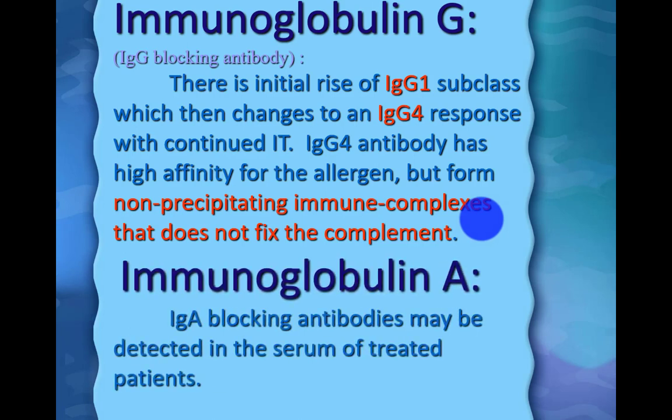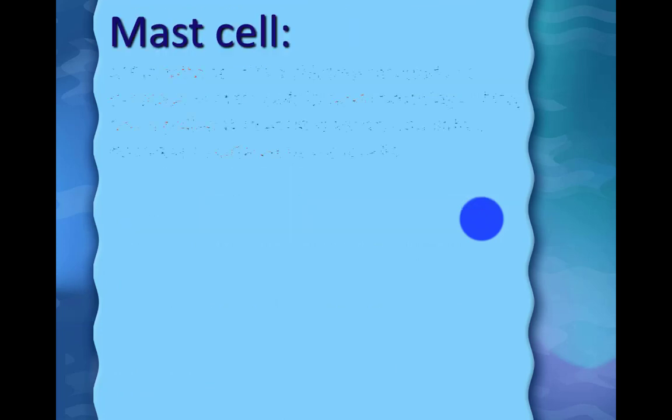Immunoglobulin G: there is an initial rise of IgG1 subclass, which then changes to an IgG4 response with continued treatment. IgG4 antibody has high affinity for the allergen, but forms non-precipitating immune complexes that don't fix the complement. Immunoglobulin A: IgA blocking antibodies may be detected in the serum of treated patients.